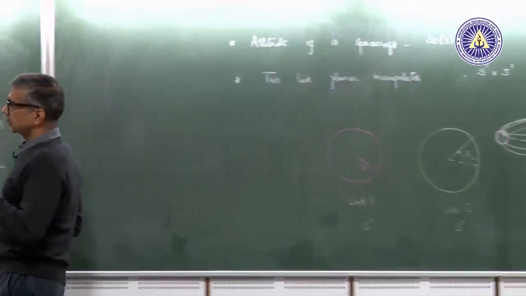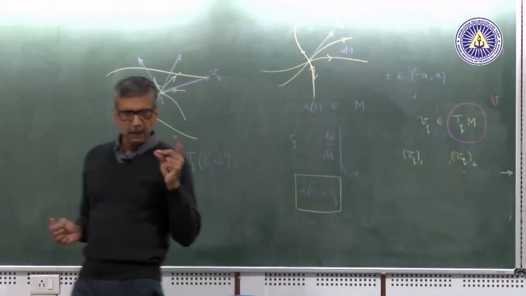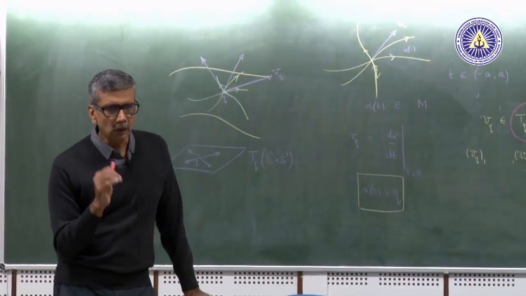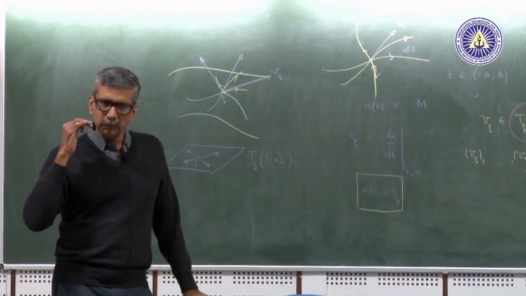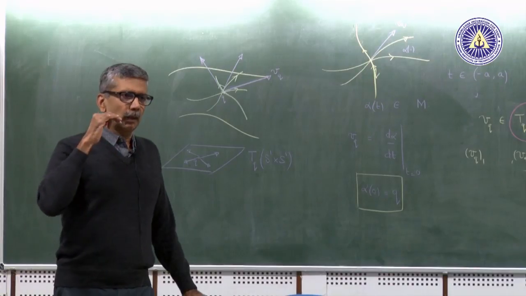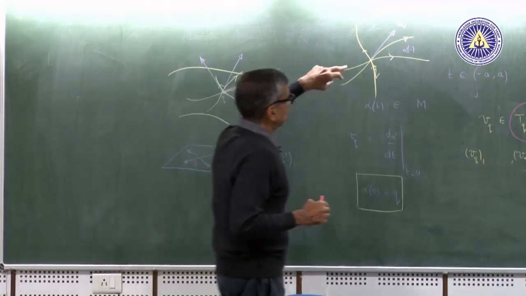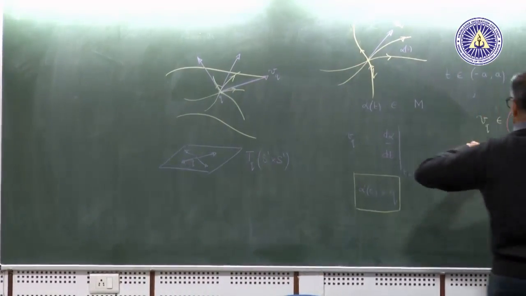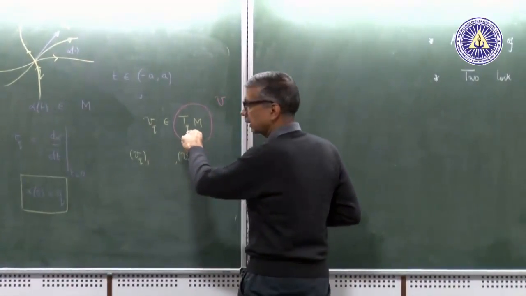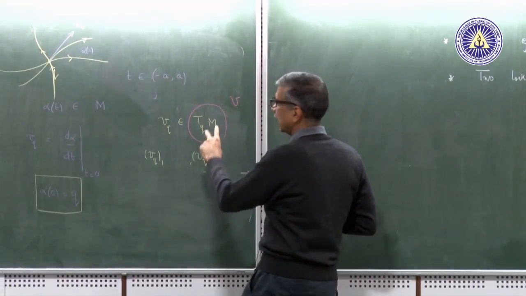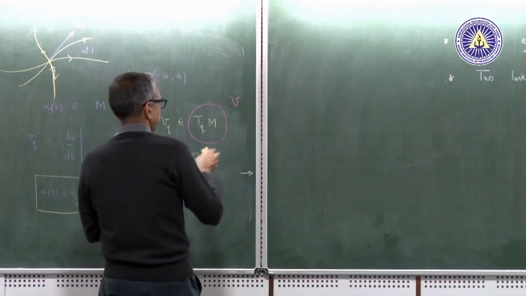So please remember, the configuration variables evolve on a manifold. The velocity vectors at a particular point belong to a vector space called the tangent space at M.